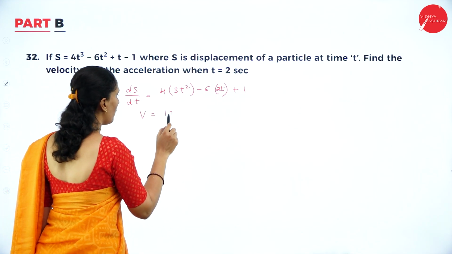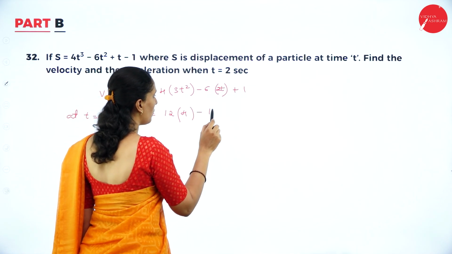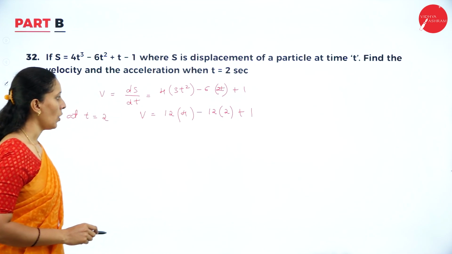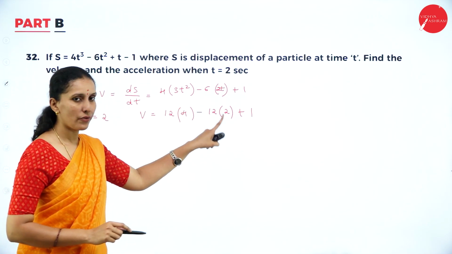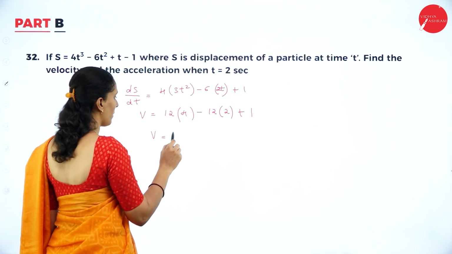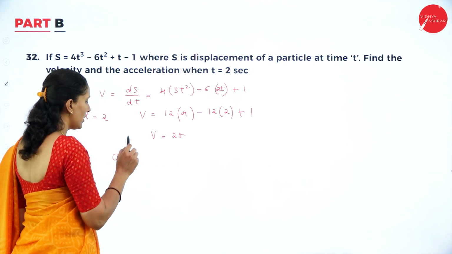Here we have 12 into 2 square, which is 4, minus 12 into t, which is 2, plus 1. So 48 minus 24 is 24, 24 plus 1 is 25. So the velocity is 25.